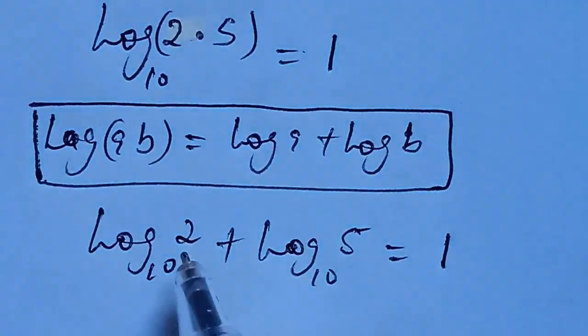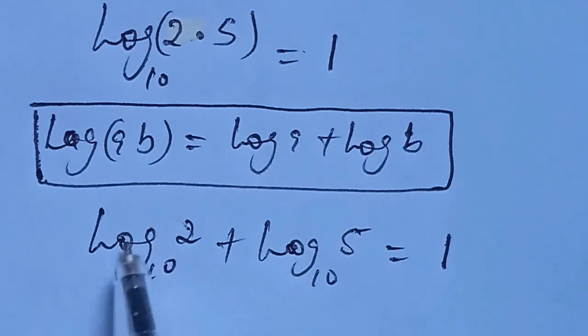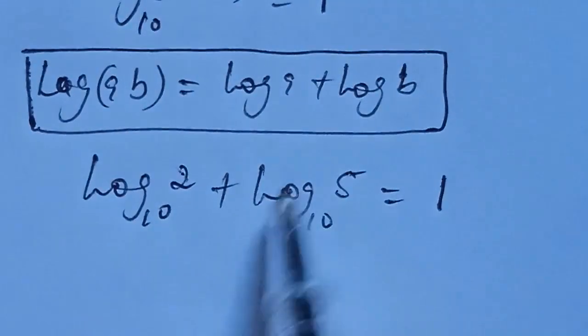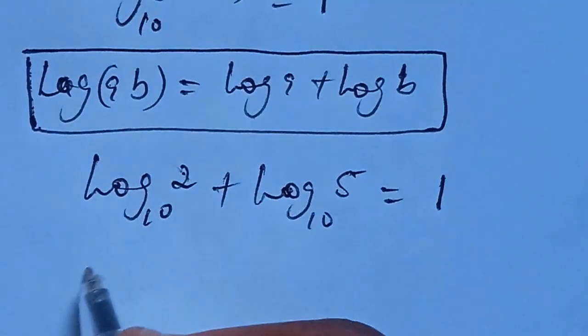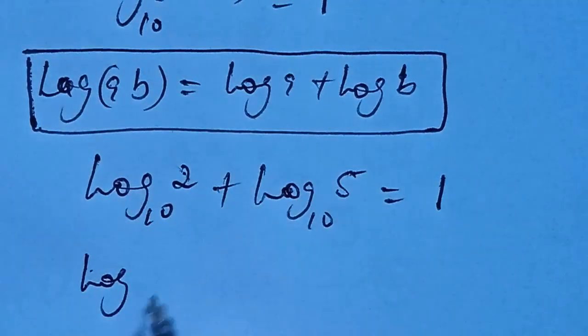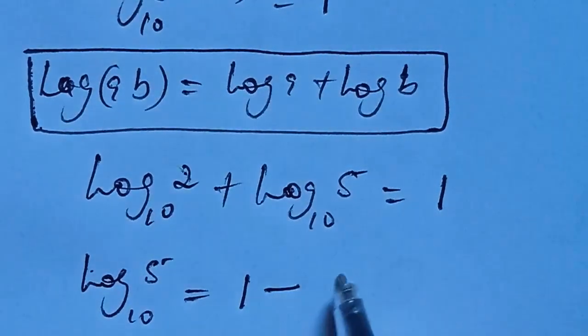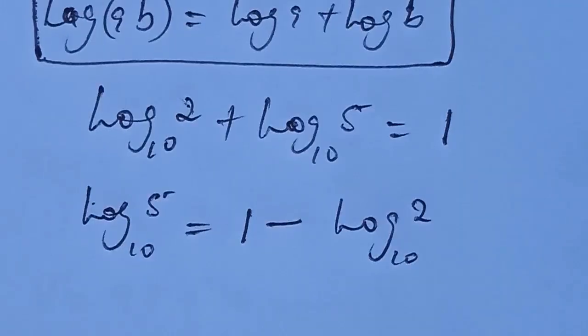Now we can move this log 2 base 10 to the right hand side, and that becomes negative. That will isolate log 5 base 10, and log 5 base 10 will now be equal to 1 minus log 2 base 10.